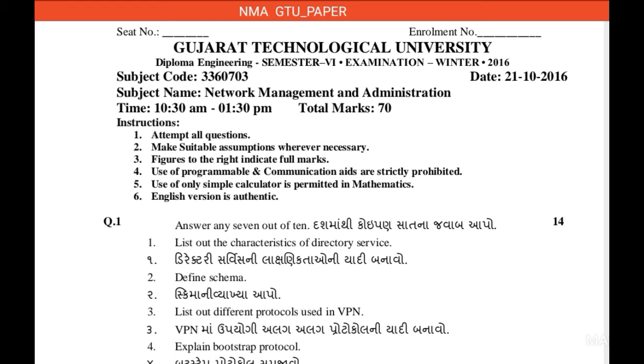First of all, question number 1 carries 14 marks. Question 1: answer any 7 out of 10. So dear students, you have to write any 7 out of 10, and one question carries 2 marks. So totally you have to write 7 questions out of 10.